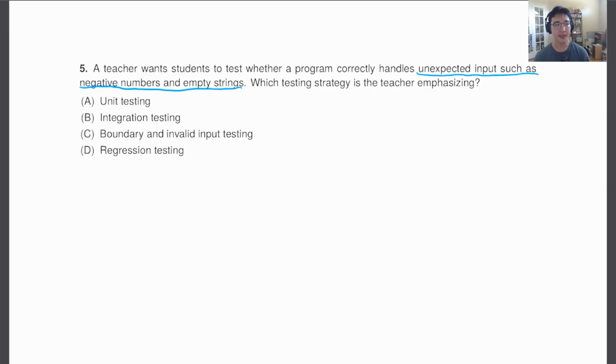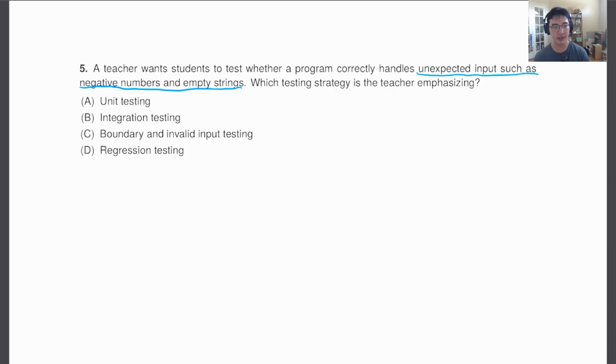The truth of the matter is, coming to this test, you might not have studied every single term that you need to know. So oftentimes it could be good to practice using your context clues. Looking at this question, we want something that is related to testing unexpected input.